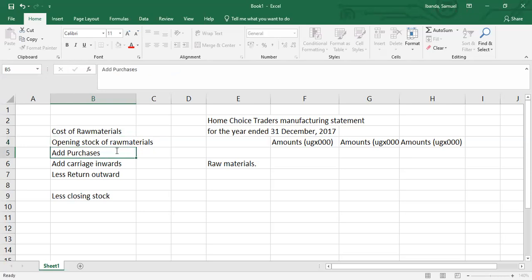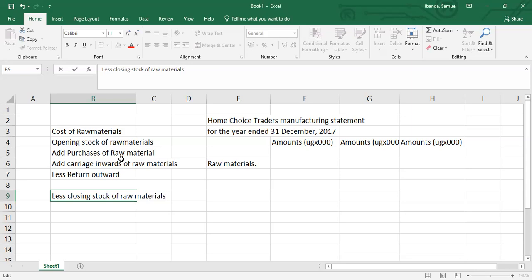Where there are purchases, we shall have add purchases of raw materials. Where there is carriage inwards, there will be carriage inwards of raw materials, like that. That is the simple way, and the same thing will proceed, even to closing stock of raw materials.